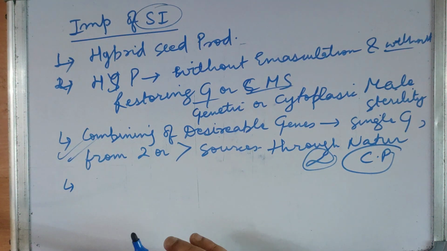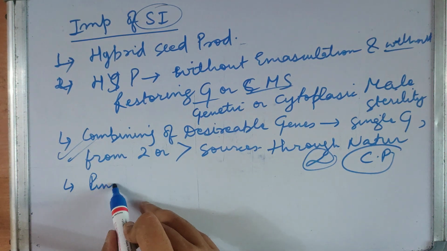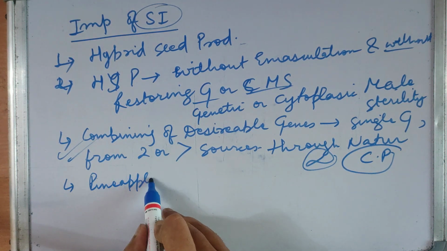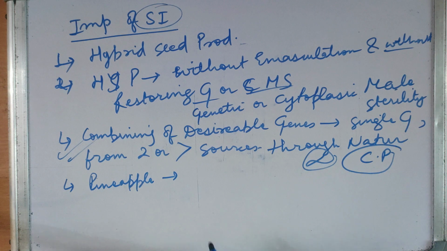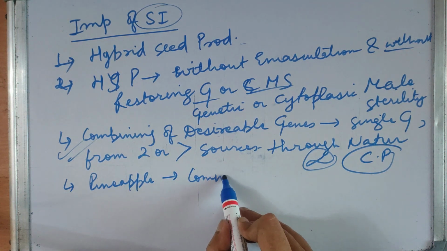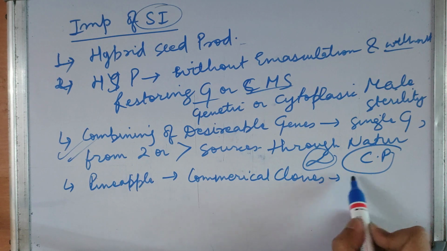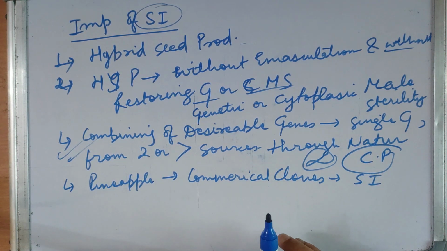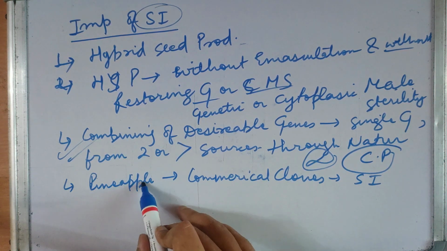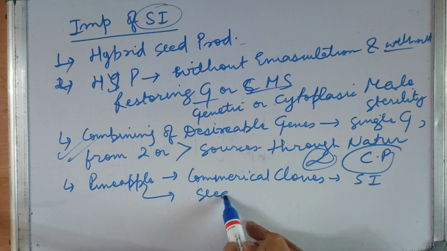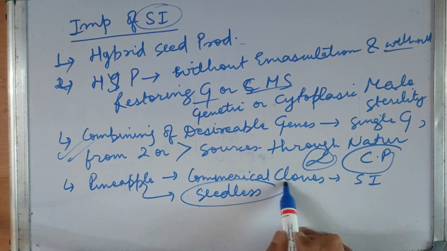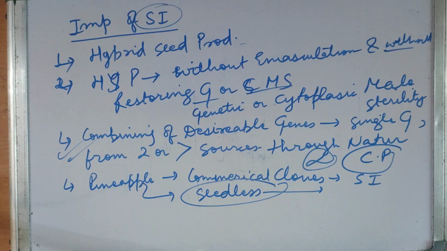In case of pineapple, commercial clones are self incompatible. As a result, their fruit develop parthenocarpically and seedless. That is, what is seedless fruiting called? That is parthenocarpy.